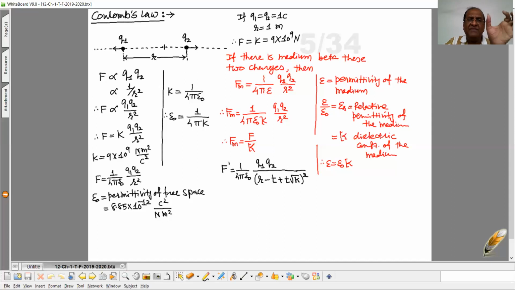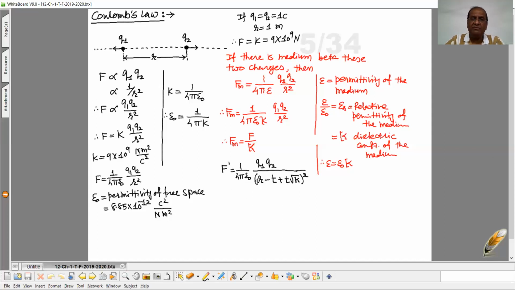It implies that between these two, the medium introduced has thickness t, where t is less than r. So in that particular case, we can write the equation of force as 1 upon 4 pi epsilon 0 Q1 Q2 upon (r minus t plus t root k) whole square, right?